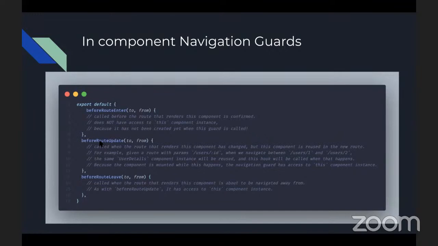The second one is beforeRouteUpdate. It is called when the route that renders this component has changed, but this component is used in the new route. For example, given a route with a param, when we navigate between routes user/1 and user/2, it is still using the same component, but something has changed, which is the route parameter.